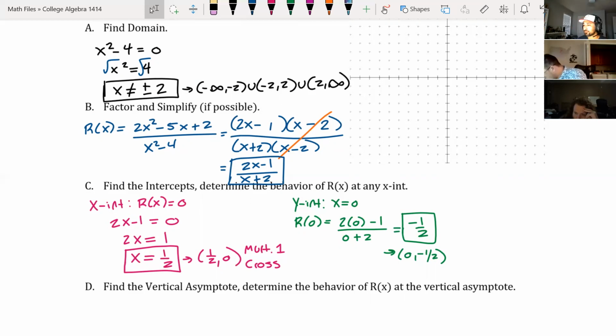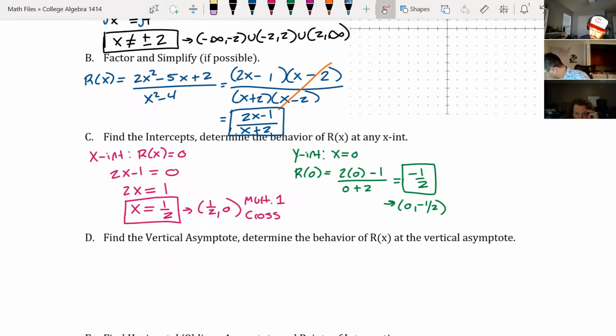All right. Next is finding our vertical asymptotes. So again, if you have your domain, you have your vertical asymptotes. So what are my vertical asymptotes going to be? x equals 2, negative 2. Good. But now we have a problem.